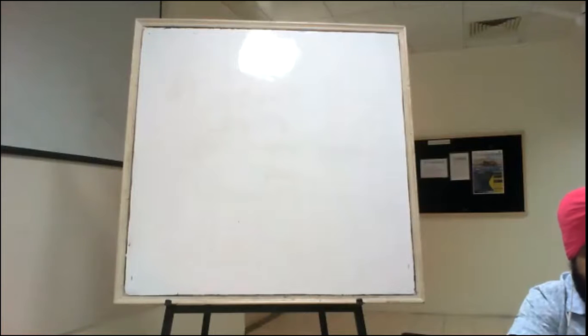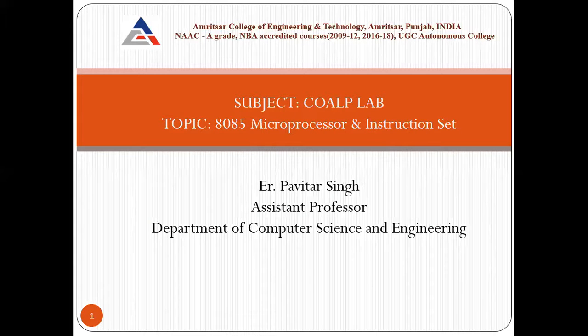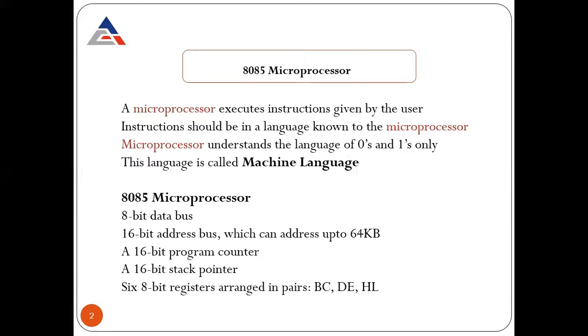So let's get started with the first topic, that is the introduction part of the 8085 microprocessor and its instruction sets. First of all, what do you mean by a microprocessor?